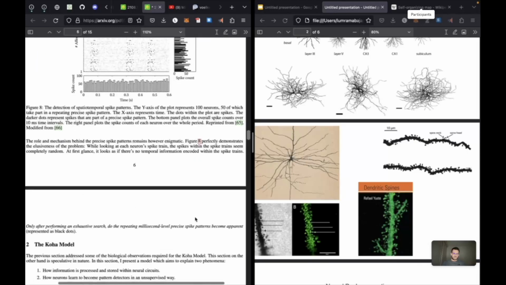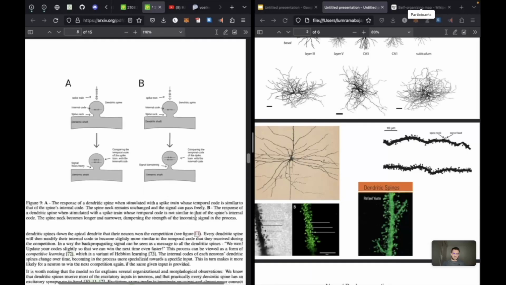I don't know enough to picture how that can be physically inside the dendritic spine. So my hypothesis was that the temporal coding is not only in one dendritic spine, but across a group of dendritic spines. And the physical distance would act as the temporal pattern, how this temporal pattern would evolve.